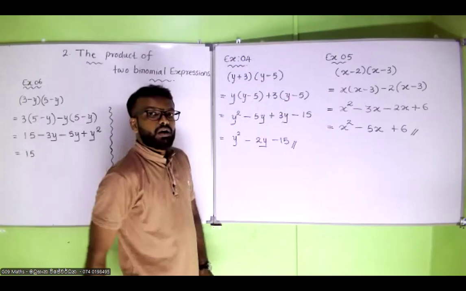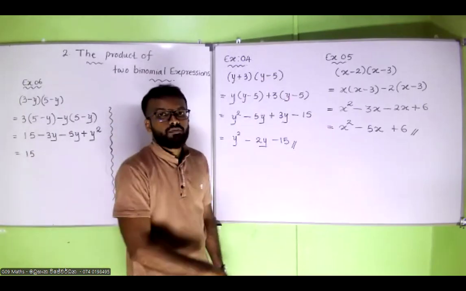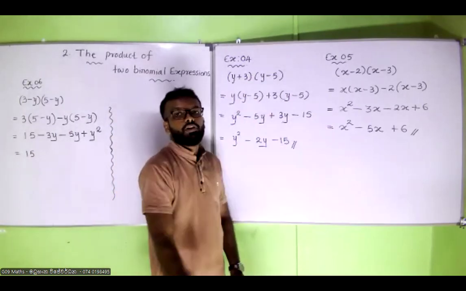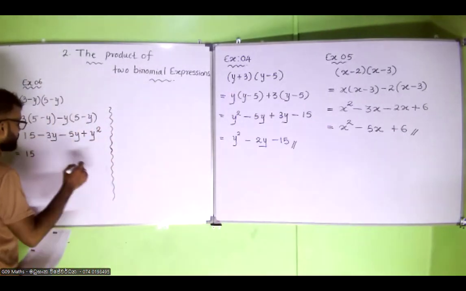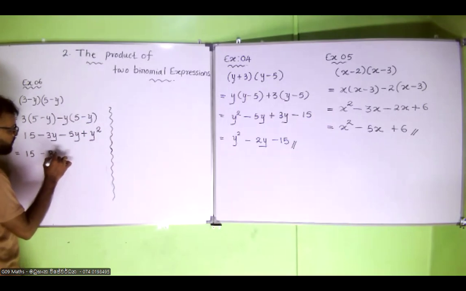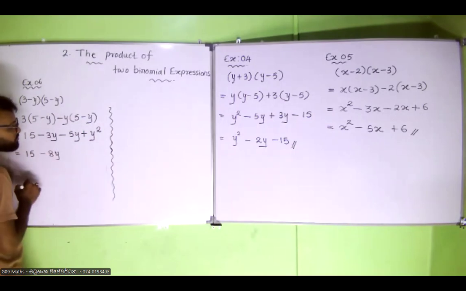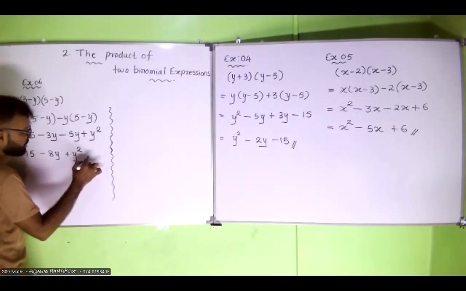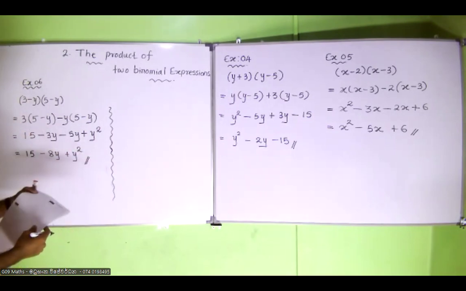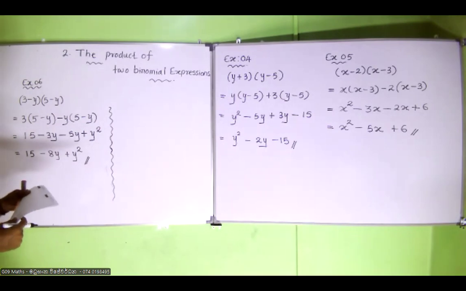Summation, 5 plus 3, 8. Negative 8y. Same signs, just add the numbers, put the sign. Negative 8y. Plus y square. This should be your answer. So that is example number 6.